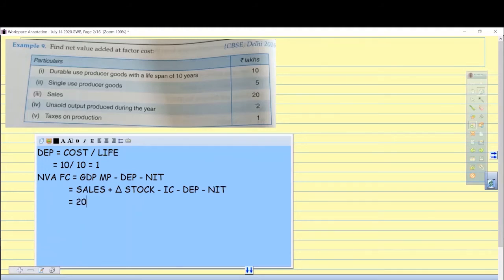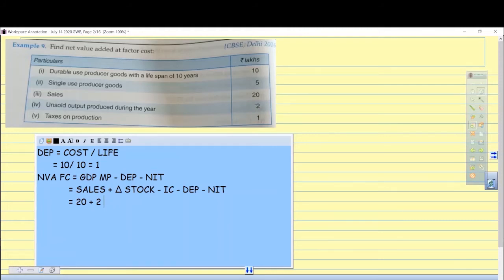Sales amount is 20. Change in stock amount is, as I told you earlier, unsold output produced during the year. This stands for change in stock. It is 2. Then intermediate consumption is single use producer goods. It is 5.